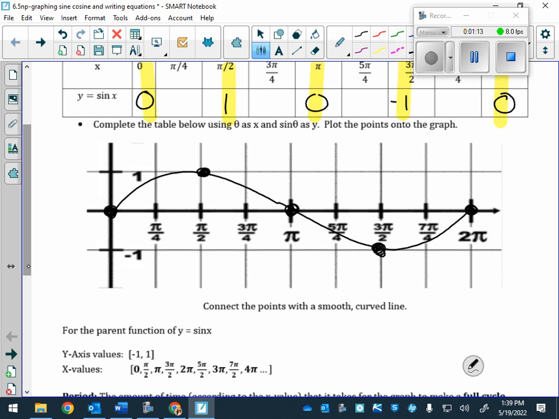So, if you look at this sine graph and compare it to a Ferris wheel, what would the x-axis represent?